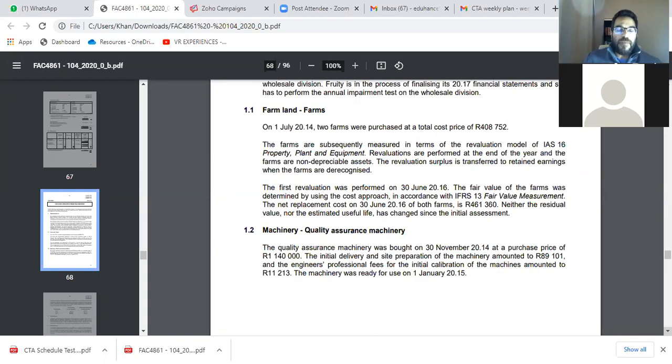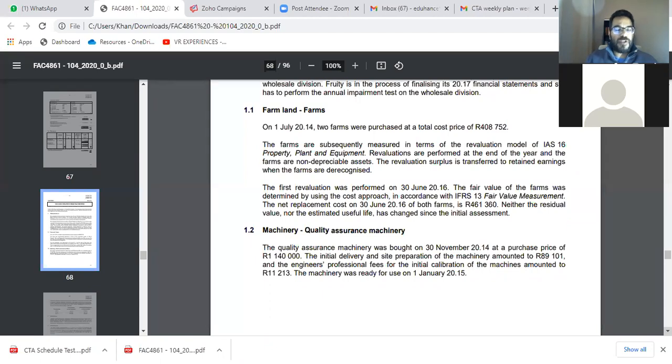Remember, for PPE, when you measure at initial recognition, the amount that you recognize is always cost. But for subsequent measurement, the company has to select a measurement policy.